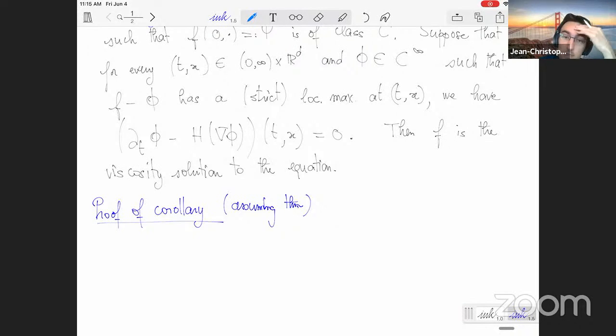The first step is to argue that anytime I take a contact point as in the statement, the function f itself is differentiable at this point and solves the equation at this point. And then the second part will be that this set of contact points is dense. Then, given the statement of the theorem, I will be done. Does that make sense?